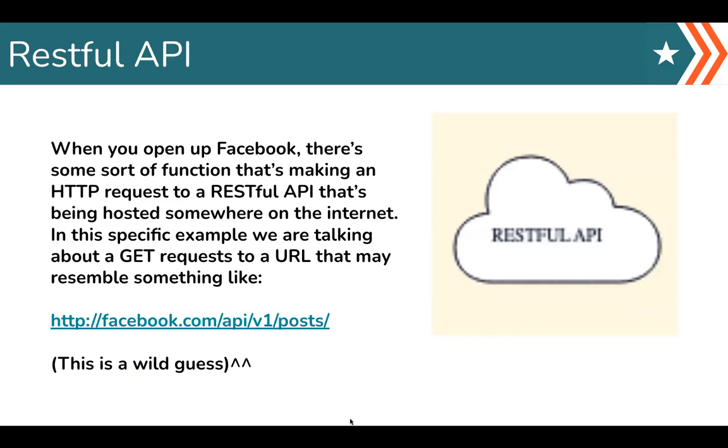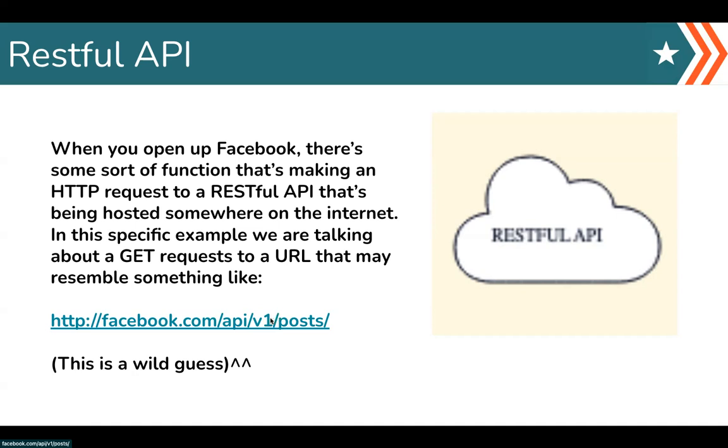All right. So when you open up Facebook, there's some sort of function that's making an HTTP request to a RESTful API that's being hosted somewhere on the internet. In this specific example, we're talking about a GET request to a URL that may resemble something like this. We have the protocol HTTP, likely HTTPS, then facebook.com. Then it specifies, hey, this is an API endpoint. This is version 1.